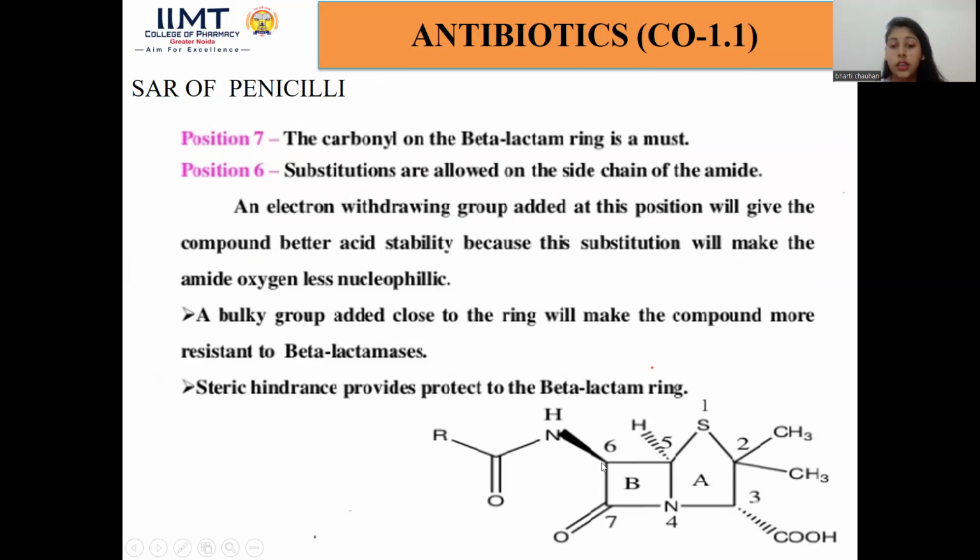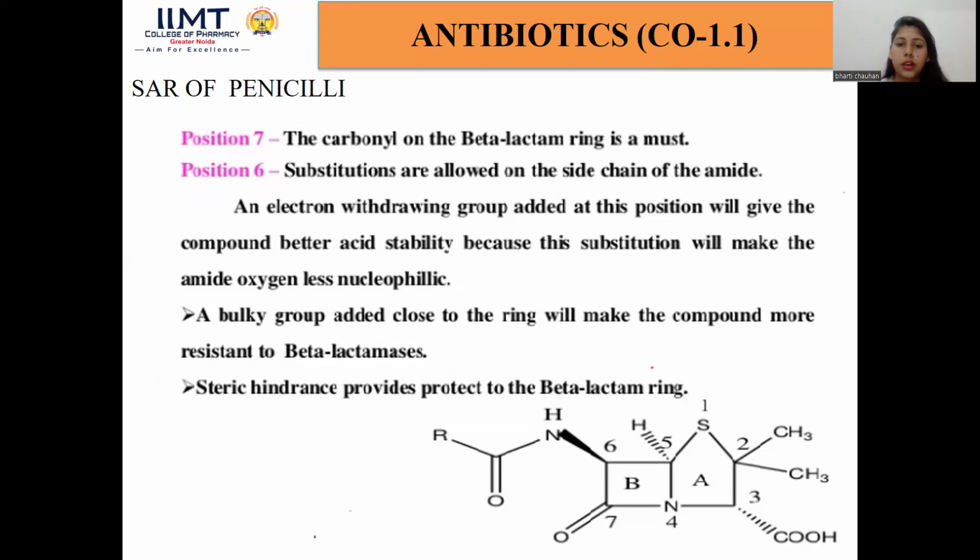At position 6, where all the substitutions are going to happen, if we add an electron withdrawing group at this position, it will give the compound better acid stability, because this substitution will make the amide oxygen less nucleophilic.